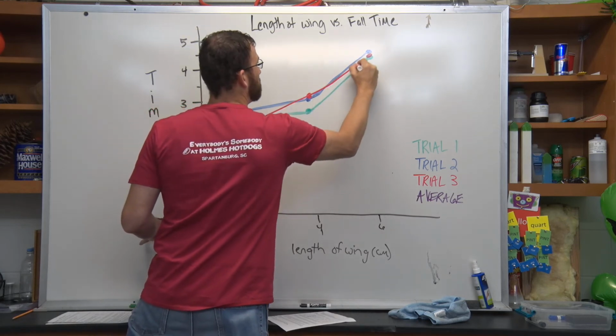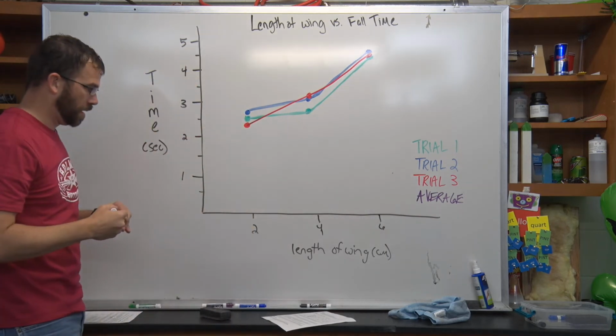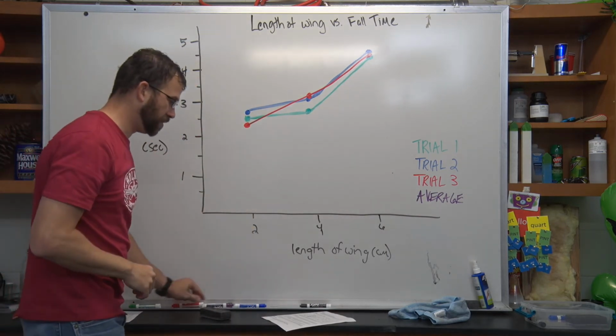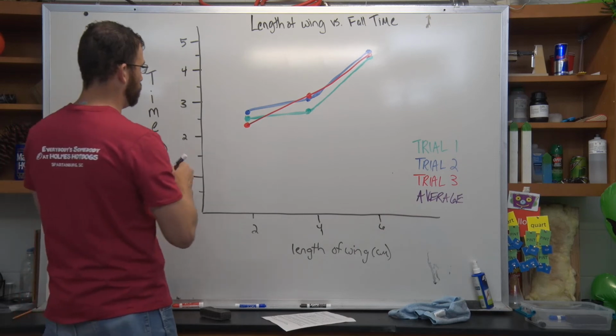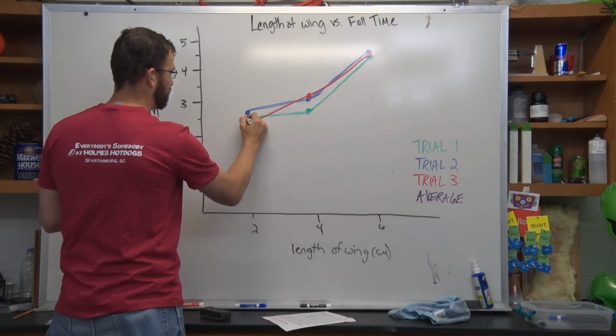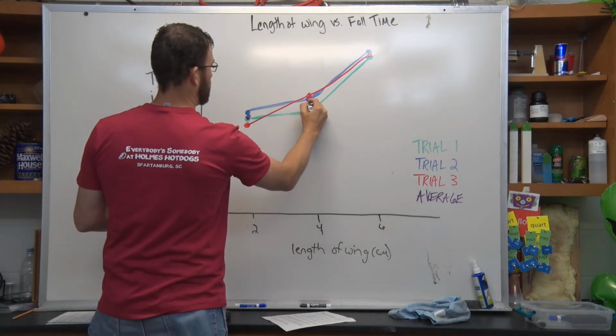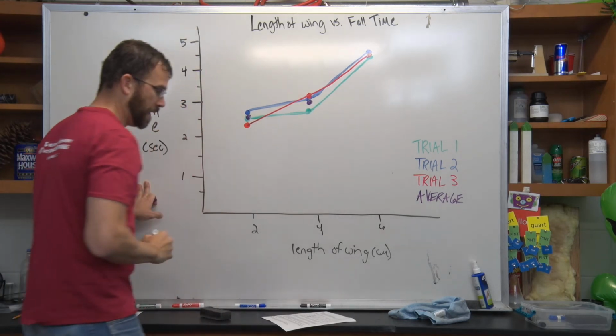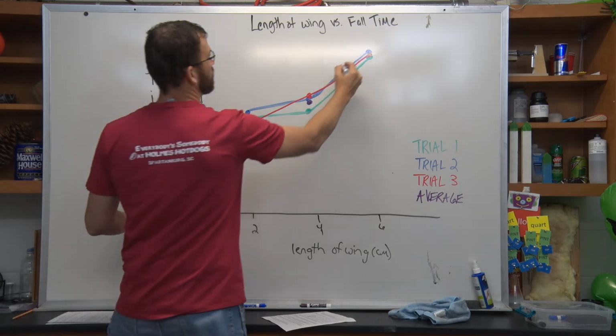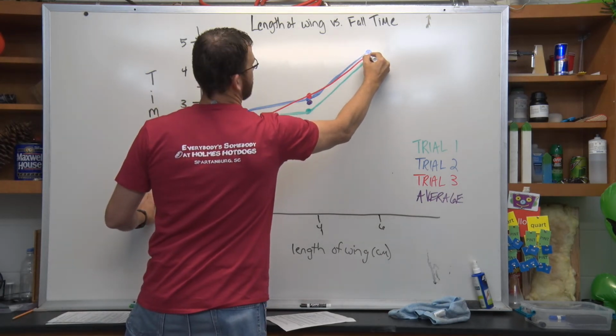Boom, boom. All right, and now I've got to do the average. I'm doing the average in purple: 2.5, so it's about right there. 2.99, so it's about right there. And then 4.2, so it's right there.